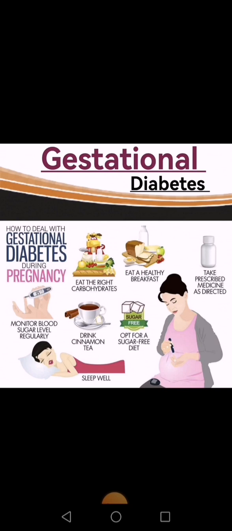We should always take a healthy breakfast. Third, take prescribed medicine as directed by the doctors. So we have to consult our physician and use prescribed medicines. Fourth, opt for a sugar-free diet. Pregnant women have to adopt a sugar-free diet.